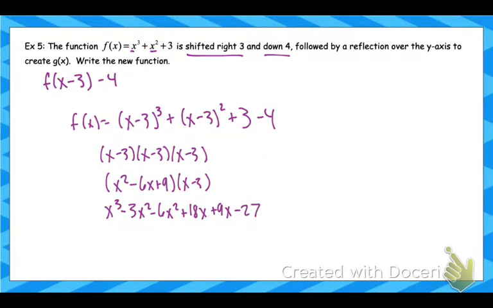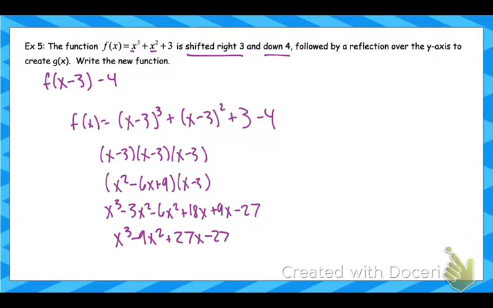And then simplify, and I end up with x cubed minus 9x squared plus 27x minus 27. All right, then I also have the rest of this function. So all of that was just the x minus 3 cubed. So we still got a little bit of ways to go here.